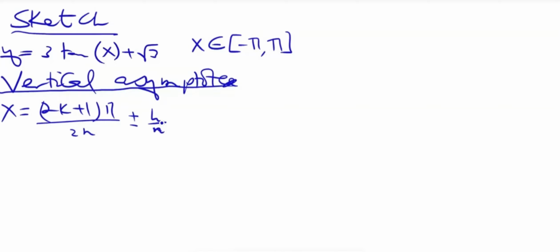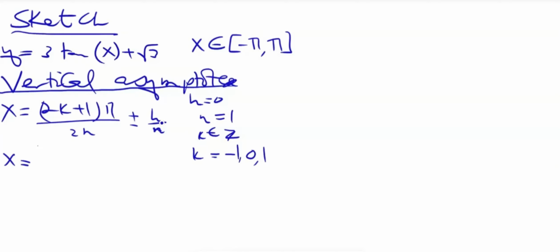We don't have a value of h, so h is 0 because there is no translation on the x-axis, and the n value is 1. The k is an element of an integer.